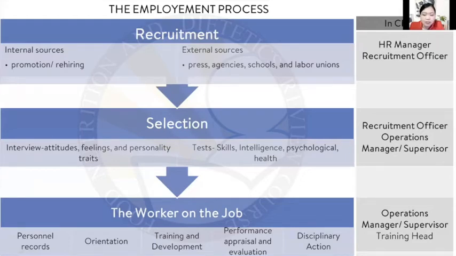For the next phase, where the worker is on the job, the main person in charge will be the manager or the supervisor, or if the company has a training department or training head, then in this phase, all employees on board are required to have a personnel record.